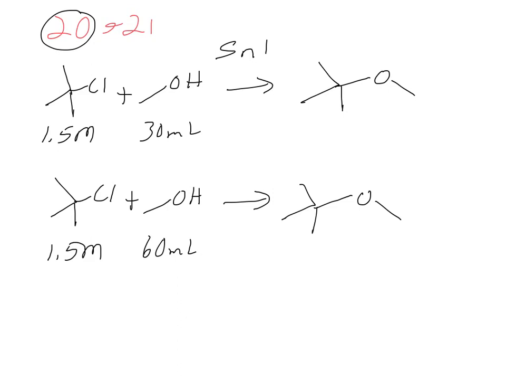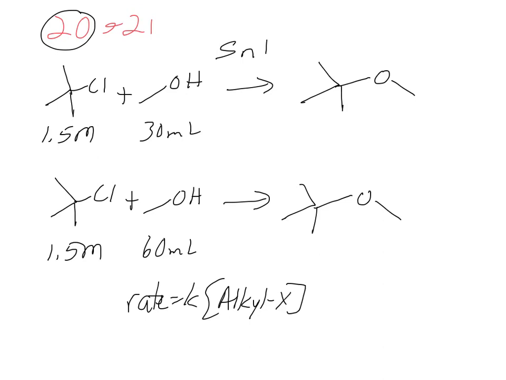Is the rate going to be any different for either of these? No. Because what's the rate for an SN1 reaction? Rate is equal to k, the rate constant, times the concentration of the alkyl halide, and nothing else.